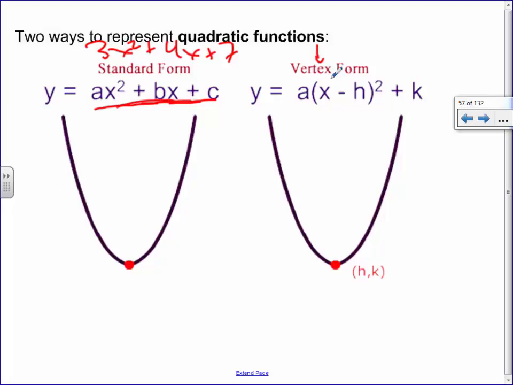And the reason why it's written in this format is that I can tell you where the vertex of the graph is, and I don't even need a graphing calculator. If you write it in this format, a bracket x minus h all squared plus k, whatever this number and this number here is, that is your vertex. I'm going to show you guys some examples to help illustrate how this works. So this is kind of a nifty trick that's kind of useful.